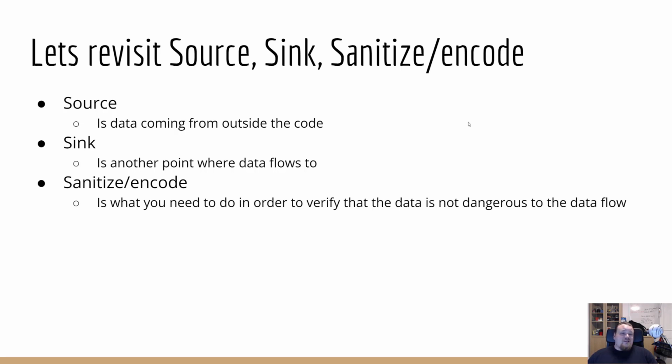The source is where data is coming into your code. So you have, let's say, 5 lines of code, and you get some input from the outside. It doesn't really matter where that comes from. If it's not from that particular document you're writing, then it is a source. But it is up to you to verify whether this data is coming from an included file.